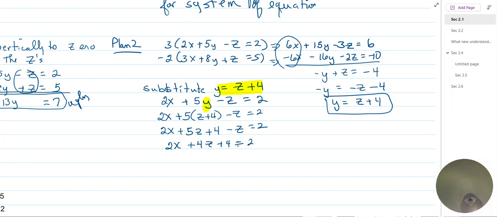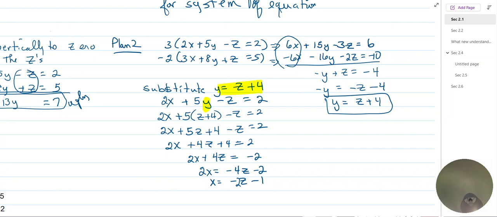So I'm going to subtract the 4. I'm going to subtract the z, the 4 z's. I'm going to divide by 2. And when I do, oh, that's a 2z. I know you see it. So I'm going to have for the x, I'm going to have 2z minus 1.